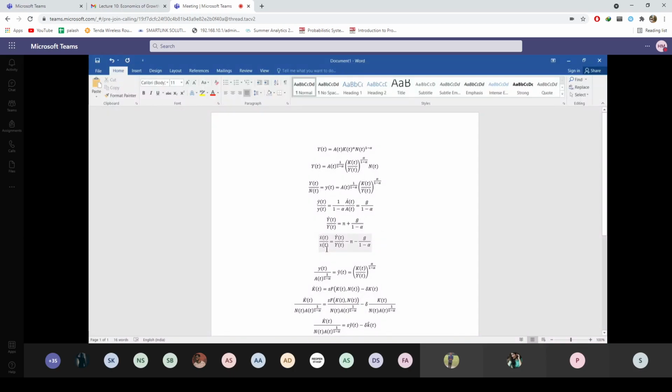Priyansha? If at the steady state your capital Y is growing at the rate n plus g divided by 1 minus alpha, that means at the steady state this right hand side is 0.